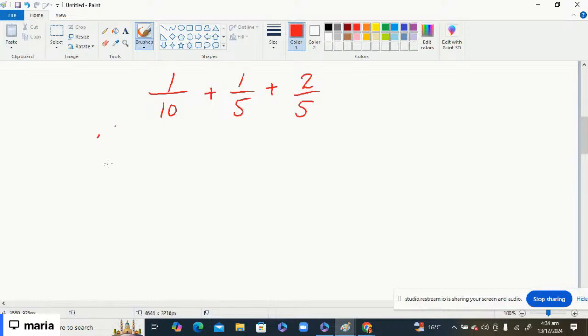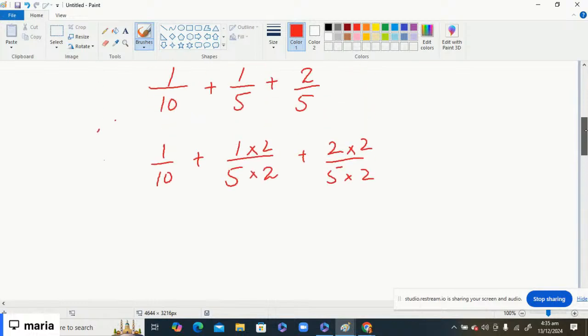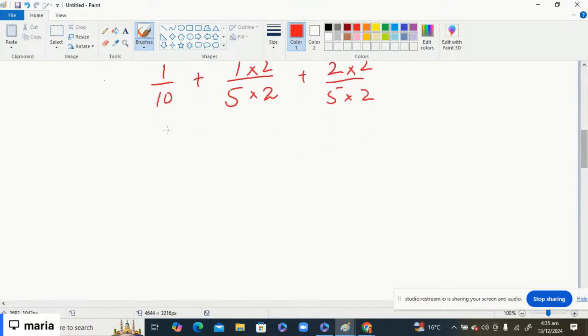So I'm going to put it here. 1/10 is the same. For 1/5, multiply and divide with the 2. For 2/5, multiply and divide with the 2. So 1/10 plus 2/10 plus 4/10.